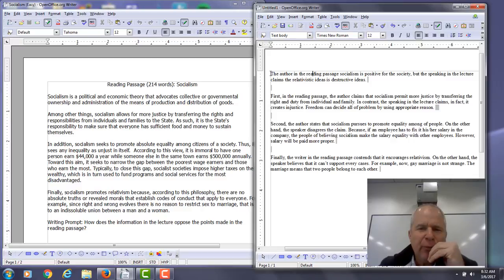So you say the author in the reading passage, socialism is positive. You need a verb here. Claims that socialism is positive for society. But the speaker in the lecture, and relativistic is not the only point that the lecture talks about.